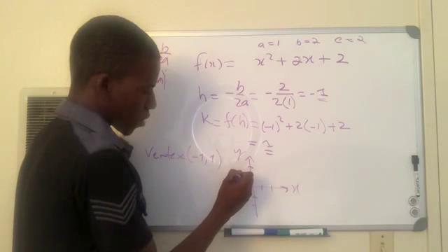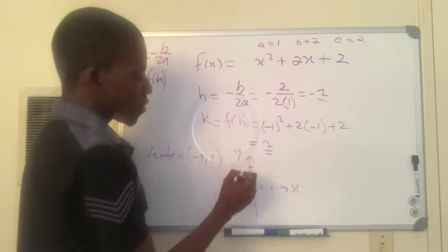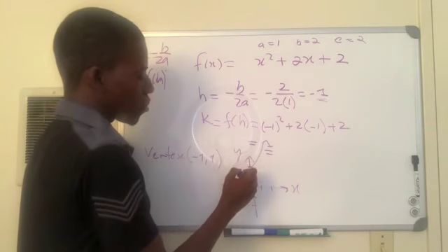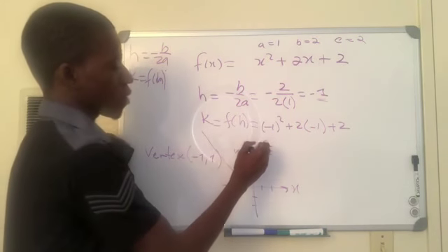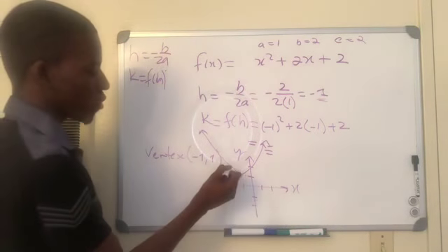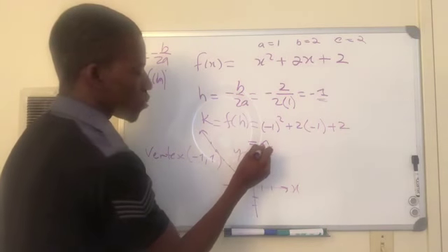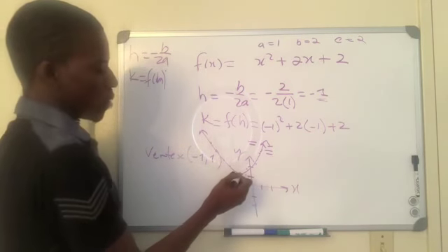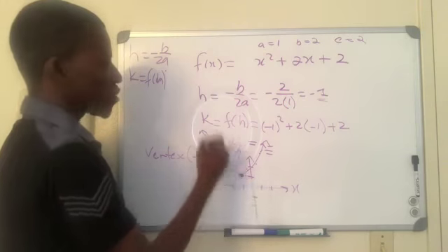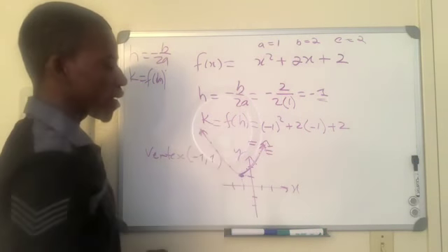That's going to be my vertex right here. And I know the sign is positive, so my function is going to open up. If I want to know the behavior of the function, I don't need to find all the points. I know the vertex, and I know it's going to open up, so my function is going to look like this.